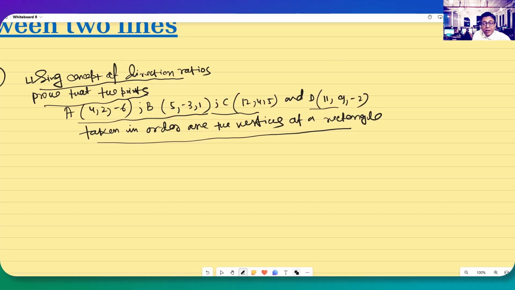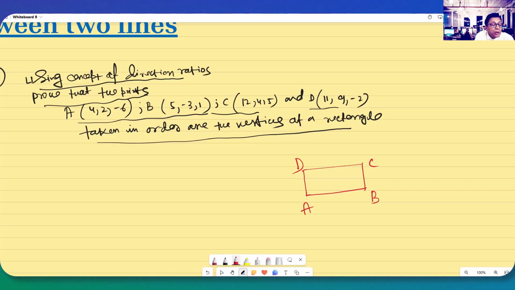You have to prove that these points are the vertices of a rectangle. How do we apply the concept of direction ratio here? Just the concept of direction ratio.